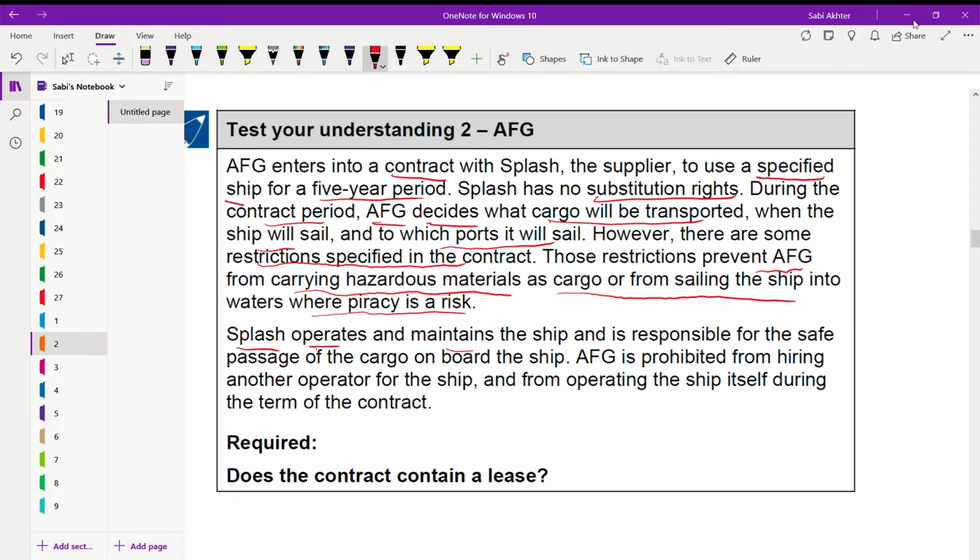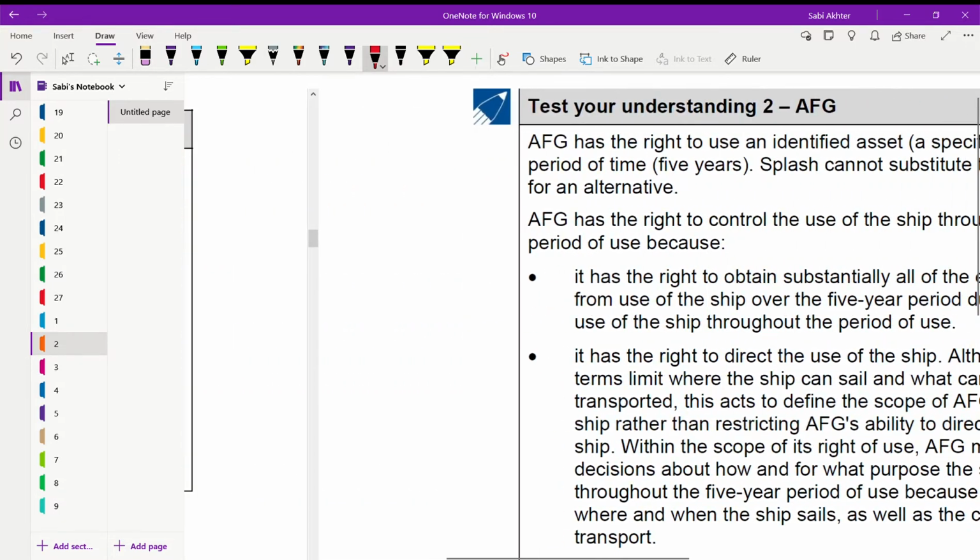Splash, and he is responsible for the safe passage of cargo on board the ship. AFG is prohibited from hiring another operator for the ship and from operating the ship itself during the term of the contract. Does the contract contain a lease? Looks like it does, right? But we'll see.